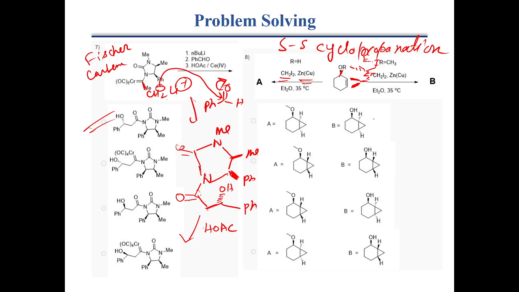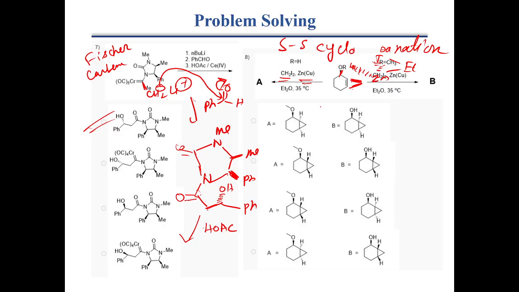This chelate formation happens, clearly written. Zinc, iodine, ethyl. So this chelate formation happens. So this is the oxygen's lone pair. So that's why it is beta. So cyclopropanation should occur from the beta.